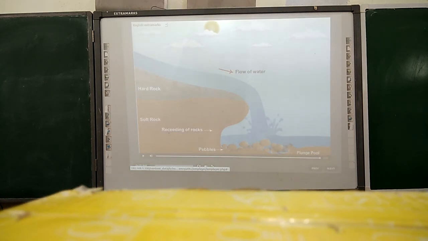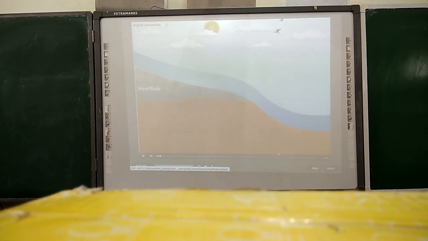When water flows very fast, the soft rocks are broken into smaller particles, and slowly the water goes deeper and deeper and it enlarges. So the soft rock has basically broken. All the pebbles will be deposited at the bottom of the river.